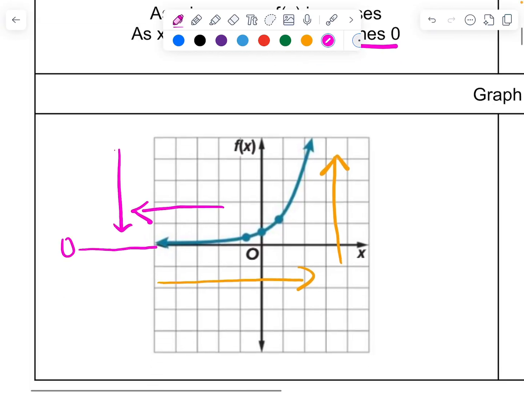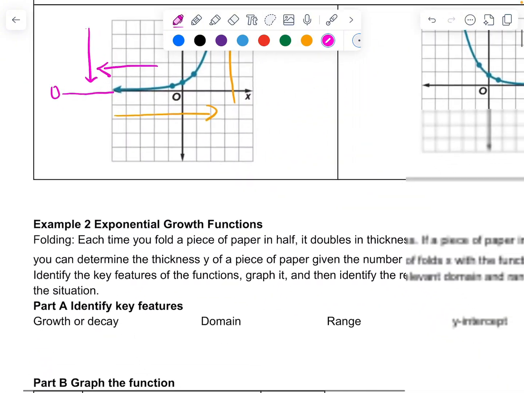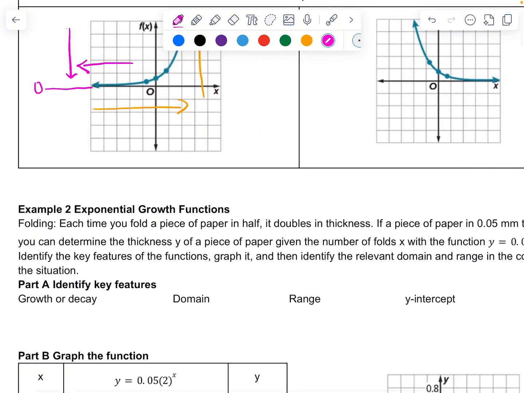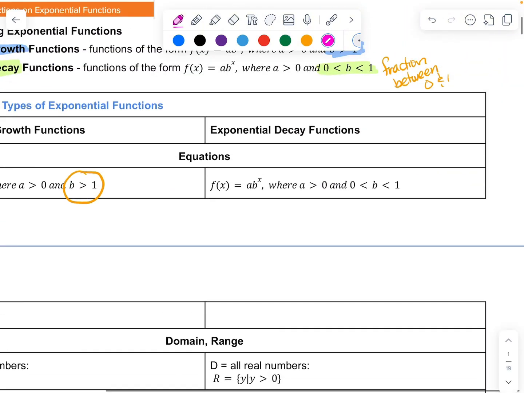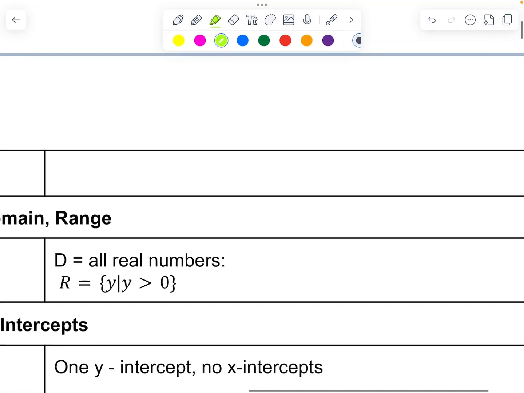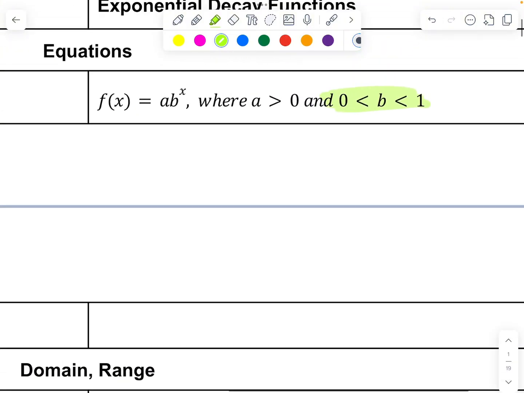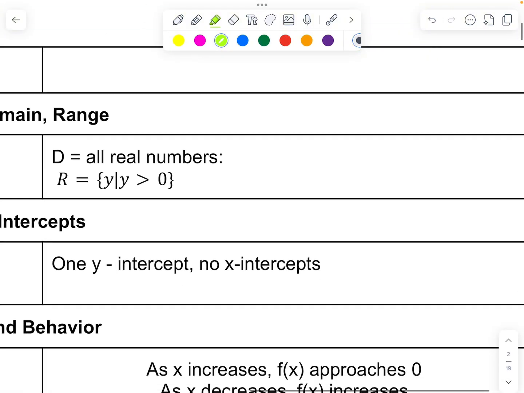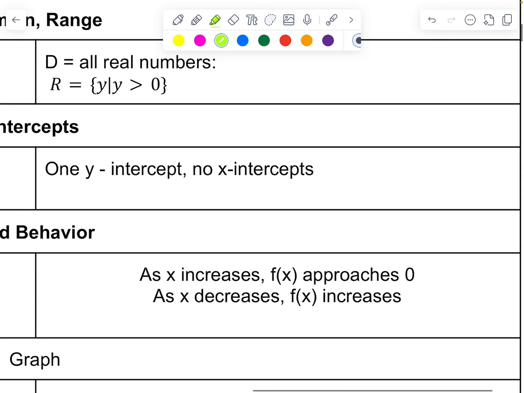Okay, so we're going to do this. Oh, let me go over, sorry, I forgot to go over decay. Okay, again, decay is going to be between here. The domain and range are exactly the same as the other ones.